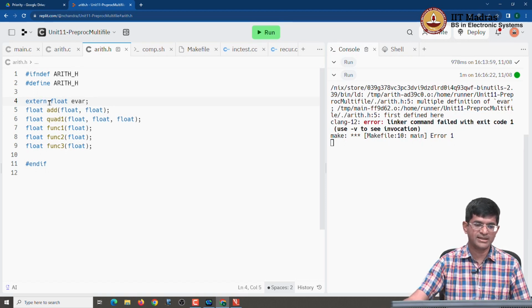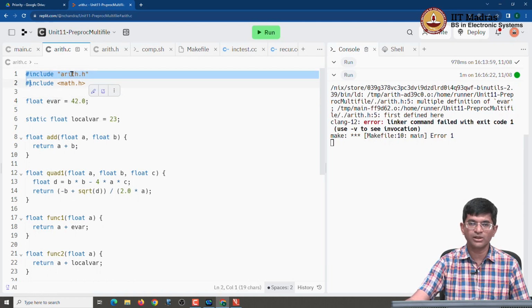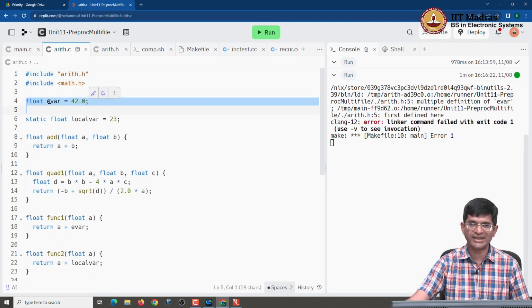Now what that means is arith.c actually sees two definitions of evar. One of them is this float evar and the other one is an extern definition which comes in through this include arith.h. That's okay, it doesn't get confused, it knows that it has the correct definition of evar and it creates space for storing that variable.